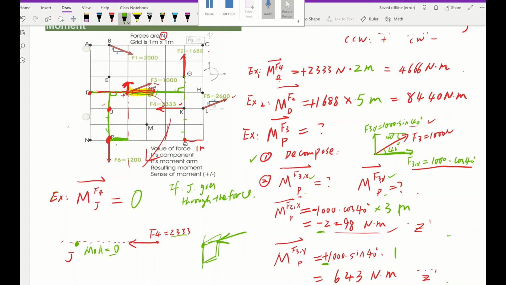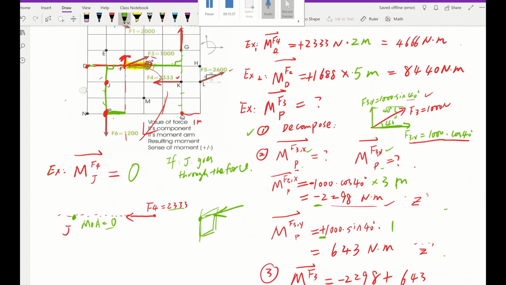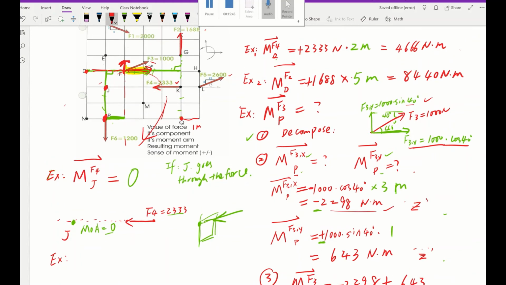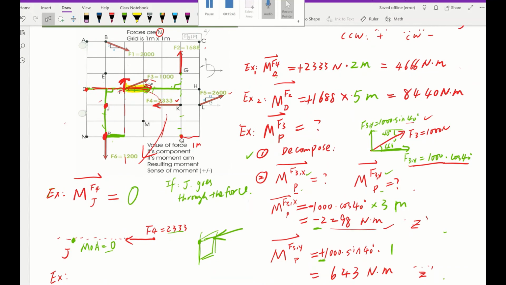All right. Now let's look at another example. Let's see, what do we have? How about if we do this F1 here? You notice this F1 has something different. F1 is not given in an angle.